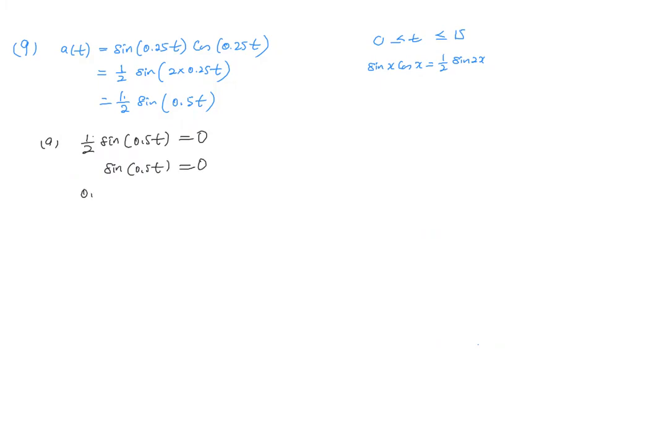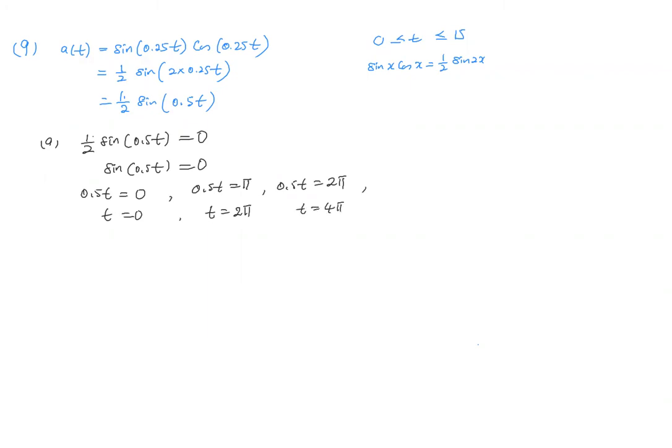So 0.5 t equal to 0, 0.5 t equal to pi, am I right? 0.5 t equal to 2 pi. So t equal to 0, t equal to 2 pi, t equal to 4 pi.